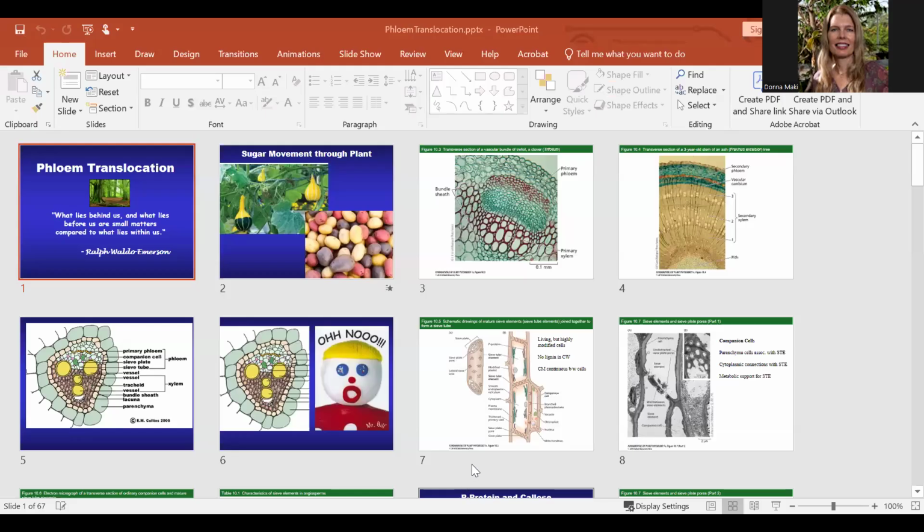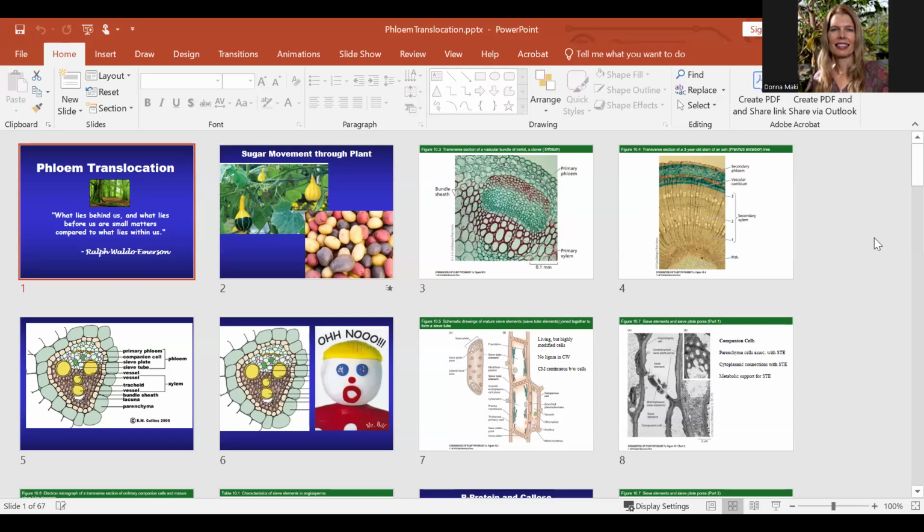And then the light reactions partial, not the actual step-by-step, but some of the intro material. Okay, so I pulled all those up. Let's go back to phloem. So phloem translocation, let me share this.